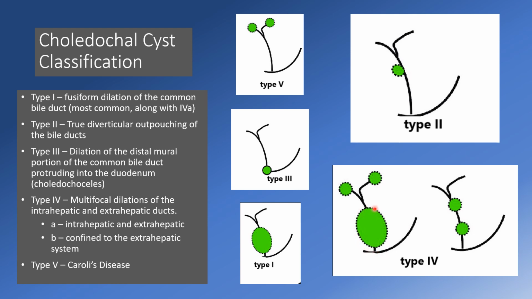We're going to have that fusiform dilation extrahepatically, and then notice inside the liver we've got dilations there as well. Type 4B, they all happen outside the liver. Okay, and then type 5 is up here. It's called Caroli's disease, and it gets its own slide.